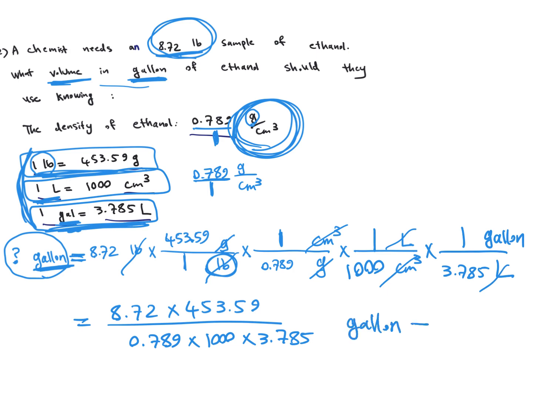I just put the number in the calculator so I can write the final answer for this question as well: 8.72 multiplied by 453.59 divided by 0.789 multiplied by 1000 multiplied by 3.785 equals 1.32 gallons.